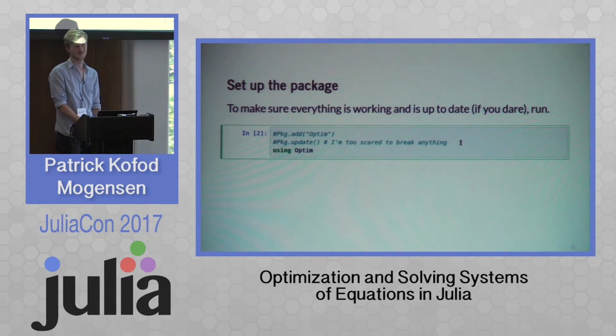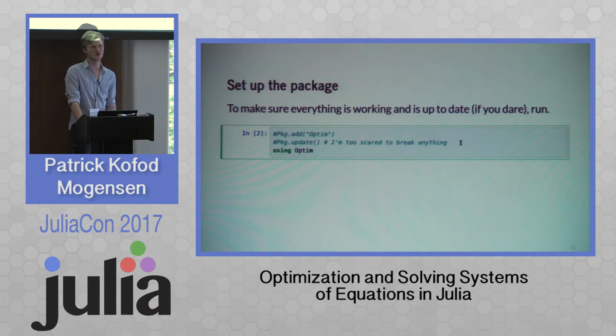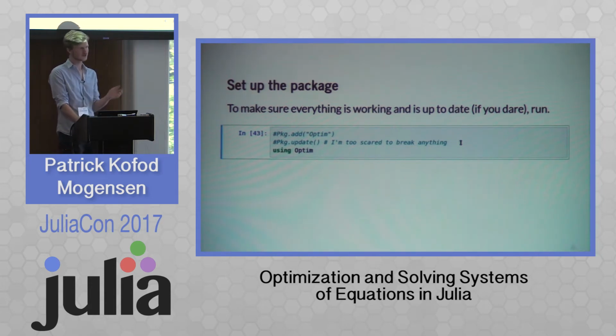Okay. So if you've downloaded the notebook and you don't have Optim already, you need to remove the comments. I was too scared to update anything prior to this presentation, so I commented it out. But it shouldn't be that big of a deal. Anyway, you just use Optim as you're used to from Julia.